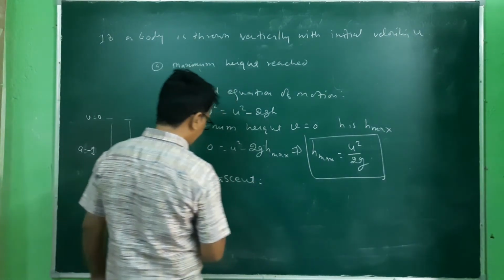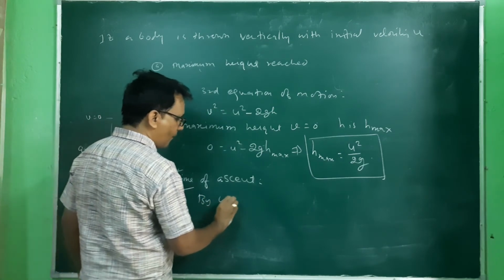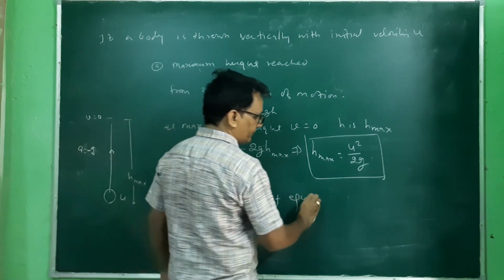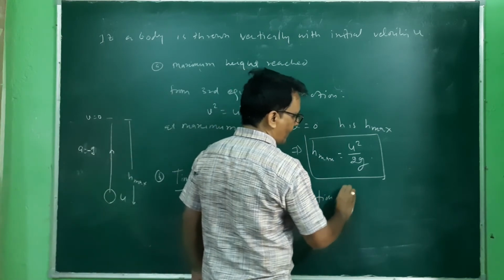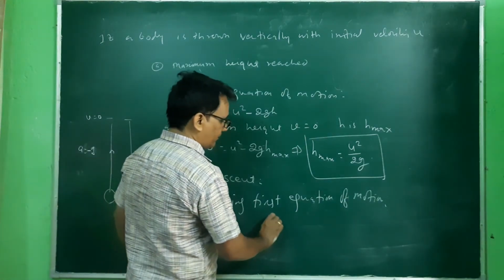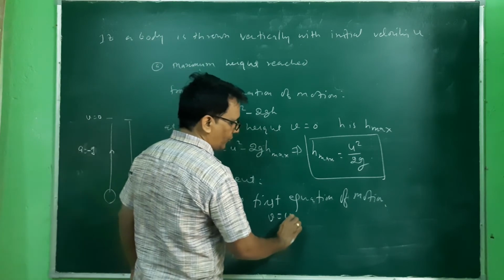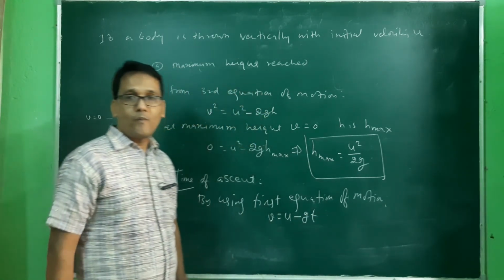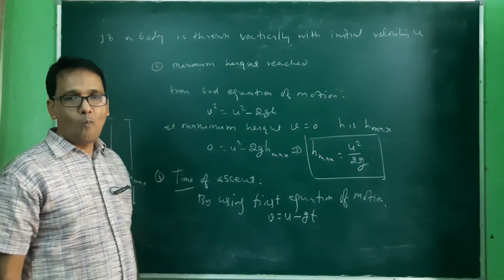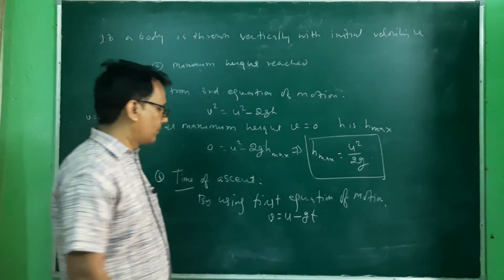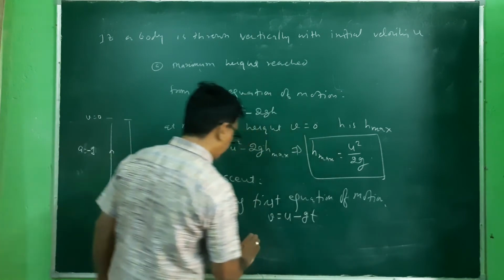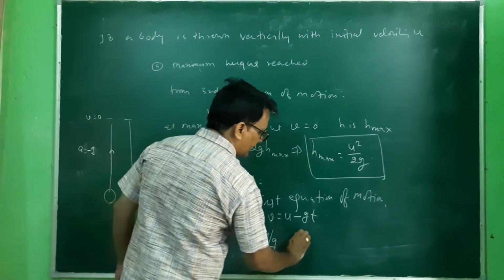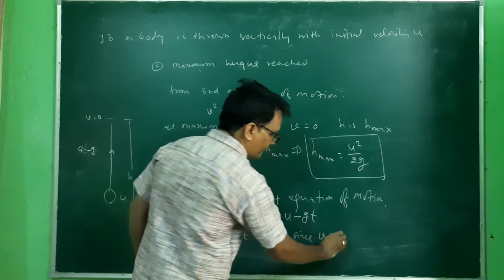So by using that, v is equal to u minus gt. So t is equal to u by g, since v is equal to 0.